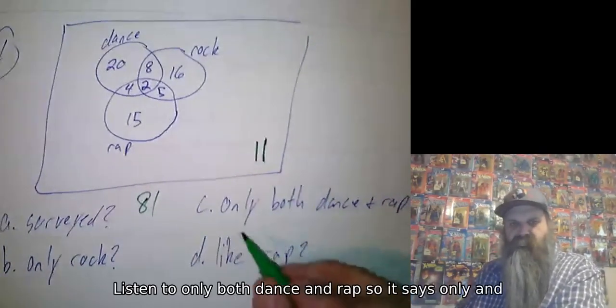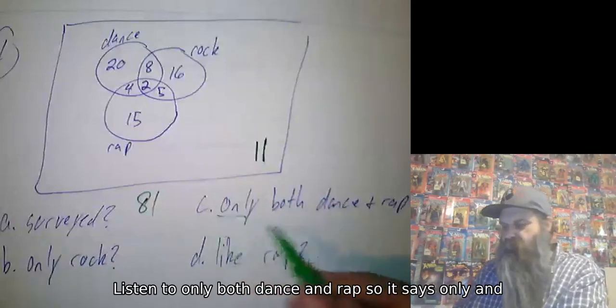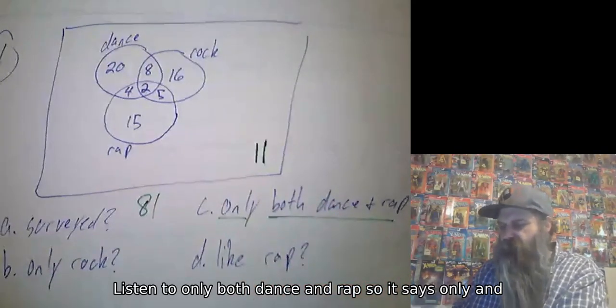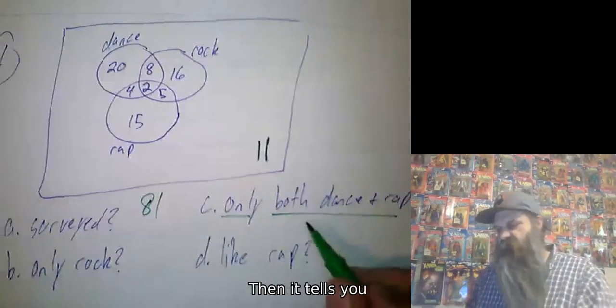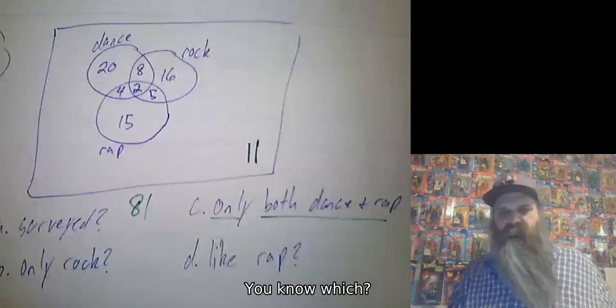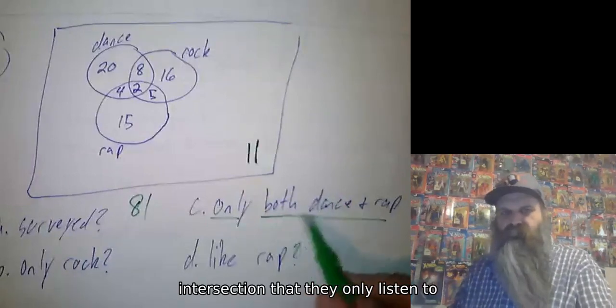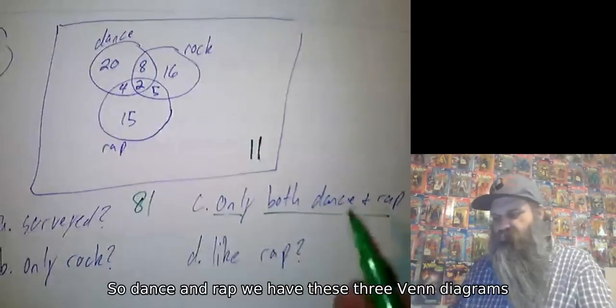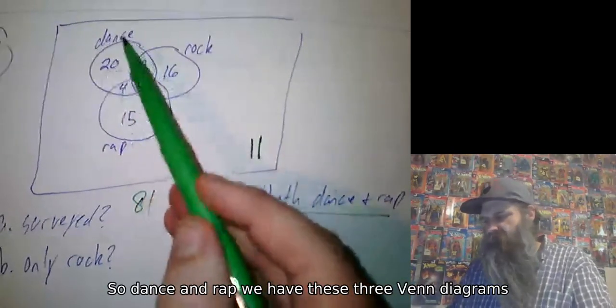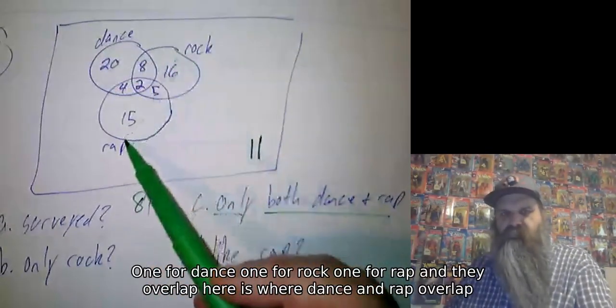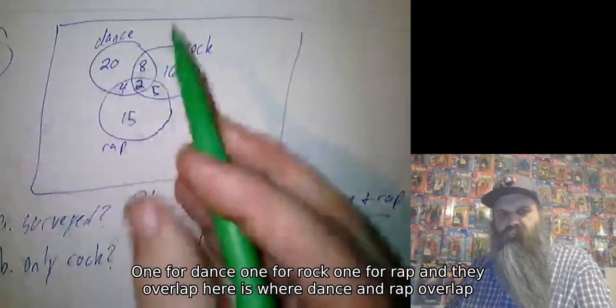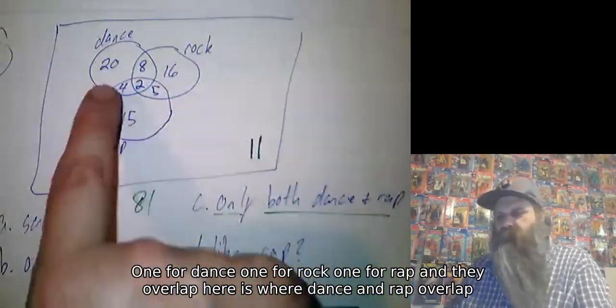Part C says, how many listen to only both dance and rap? So it says only, and then it tells you which intersection they only listen to. So dance and rap, we have these 3 Venn diagrams, one for dance, one for rock, one for rap. And they overlap.